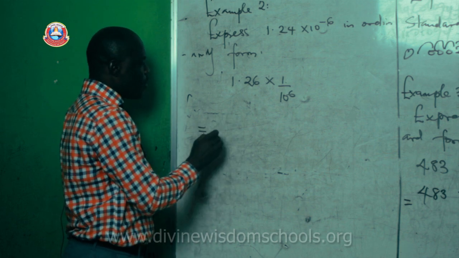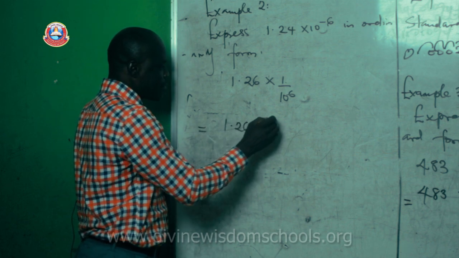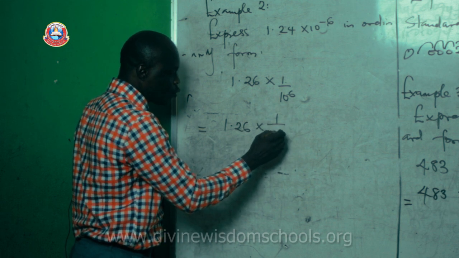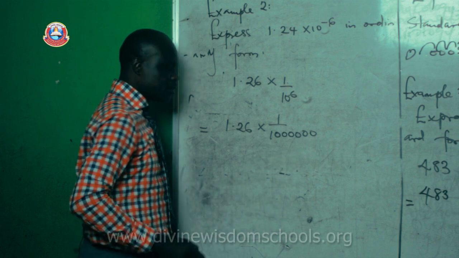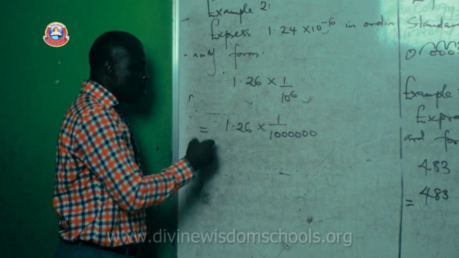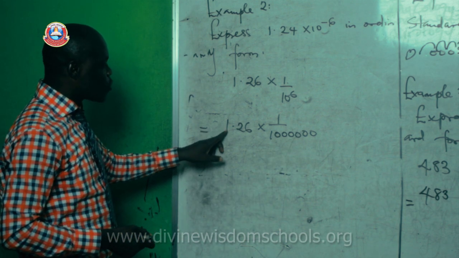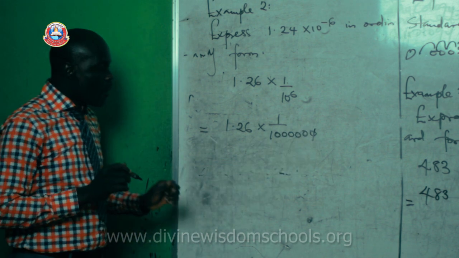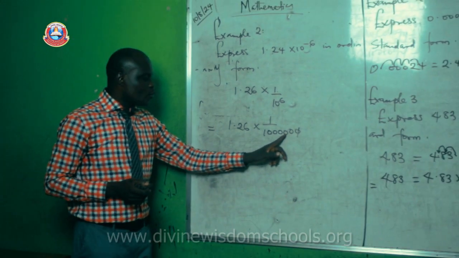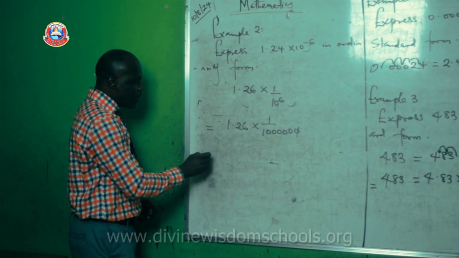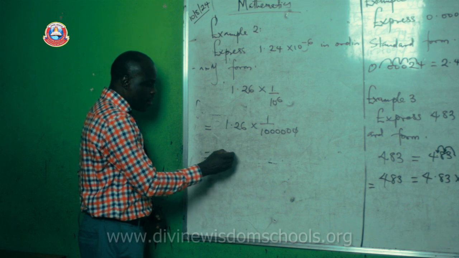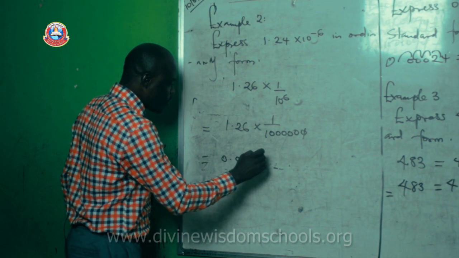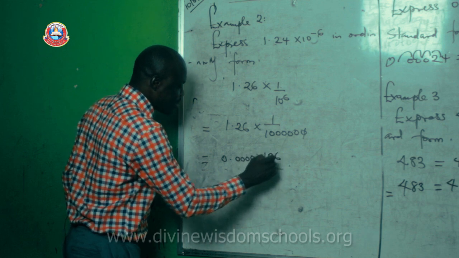So this simply becomes 1.26 times 1 over, expressed in terms of 6 zeros: 1, 2, 3, 4, 5, 6. In this case, you are looking at it from the left. You have just one digit, and that will knock off 1 zero. And how many zeros do you have remaining? 1, 2, 3, 4, 5. This simply means after writing 0 point, you have to write 5 zeros before you express the other numbers, 126.